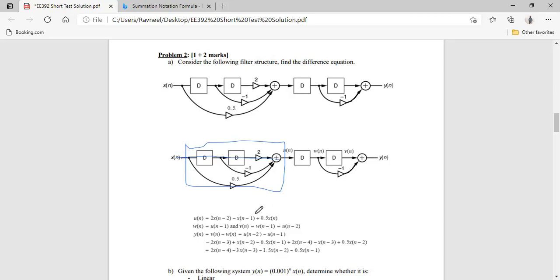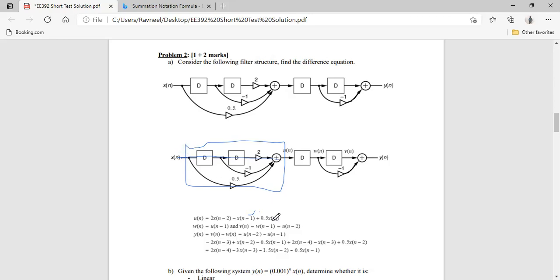And then the third part is x of n, which doesn't go through any delay and just goes through a constant multiplication of 0.5 and goes to an addition block. That leaves us with 0.5 multiplied with x of n.